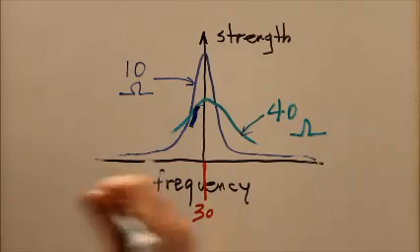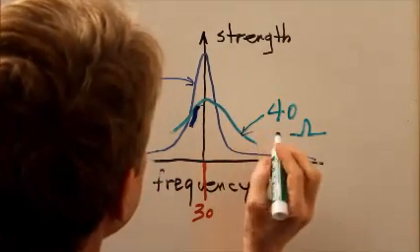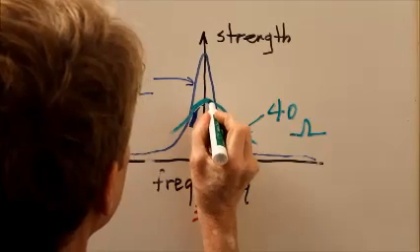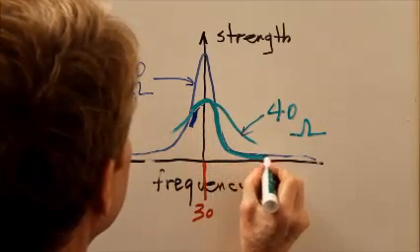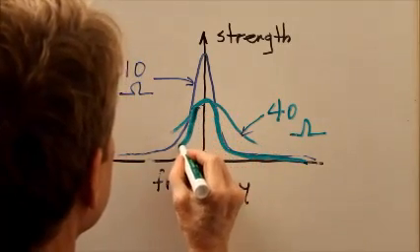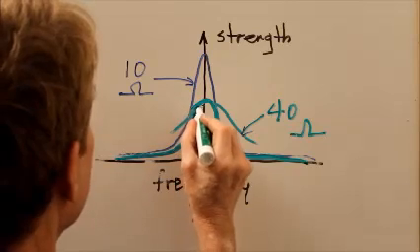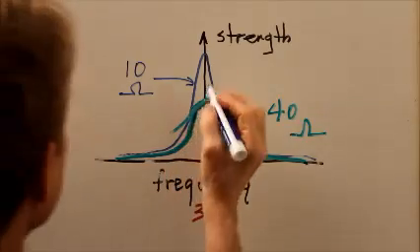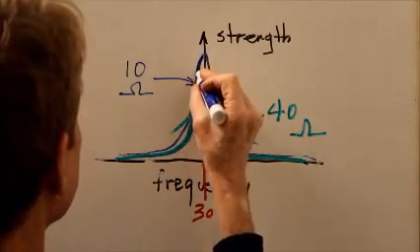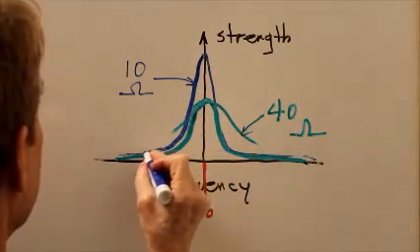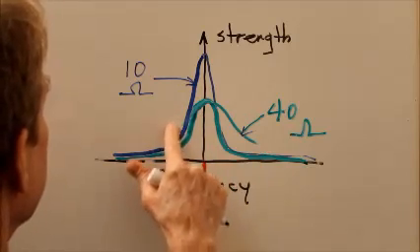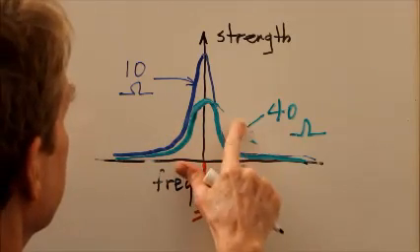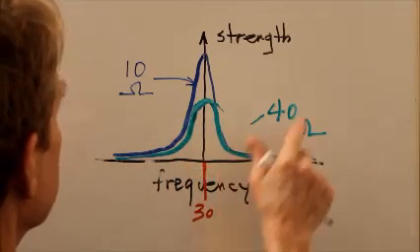Well, I'm having a little bit of trouble here, but I'm just going to keep right on going. Trouble picking the right colors. The blue represents the 10 ohm resistor, and the green represents the 40 ohm resistor.